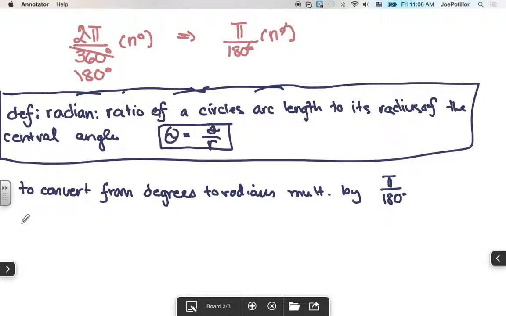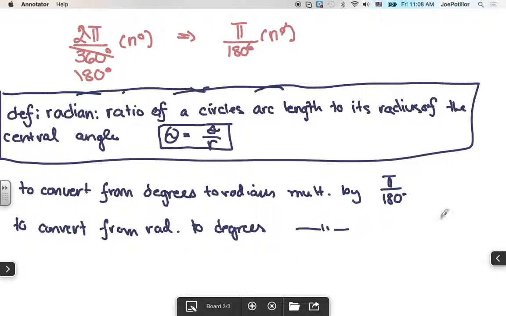And then, of course, to convert from radians to degrees, we multiply by 180 over pi.